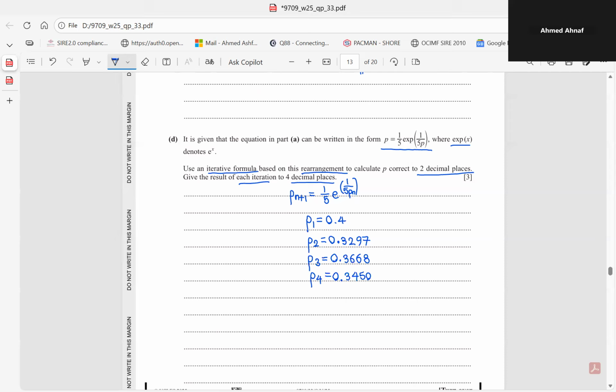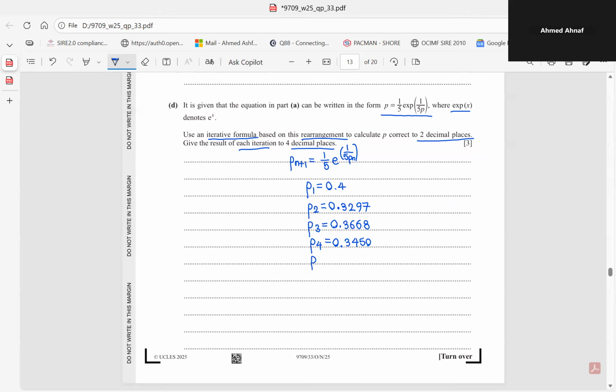What I like to do is make sure my last 2 iterations are exactly the same, corrected to 4 dp. Next one, 0.3571. And then we have 0.3501. I can see we're starting to hover around the 0.35 range.